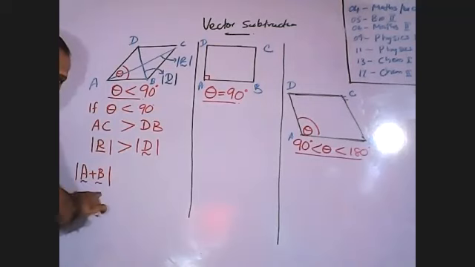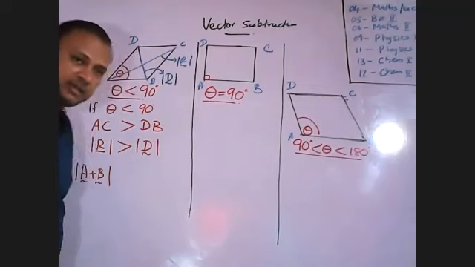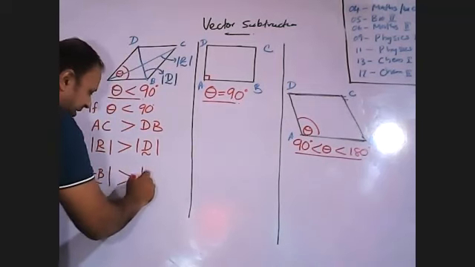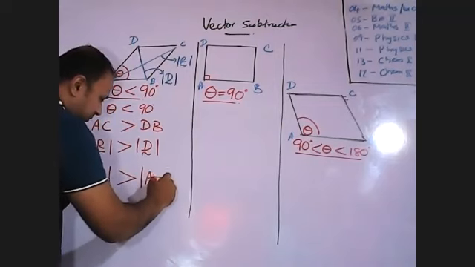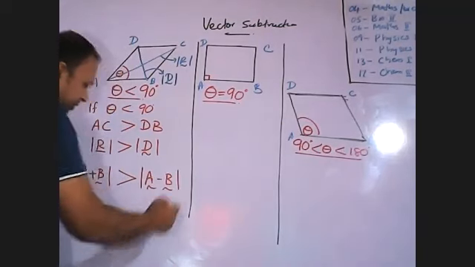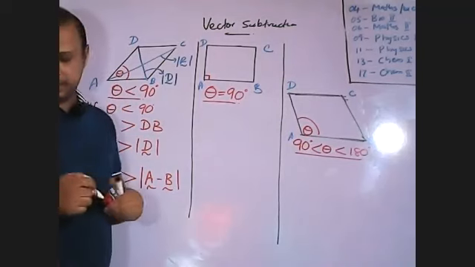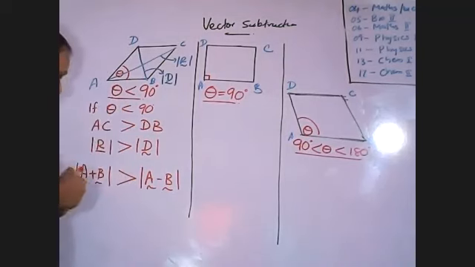A plus B means vector addition, which is equal to the resultant force. If it is greater than A minus B, then I can say theta is an acute angle.